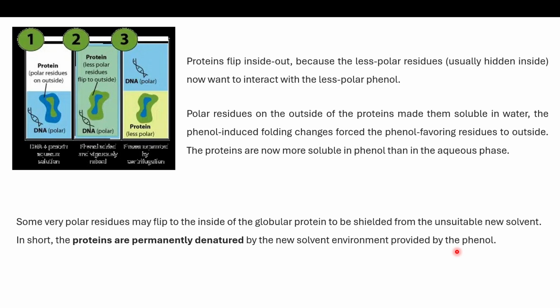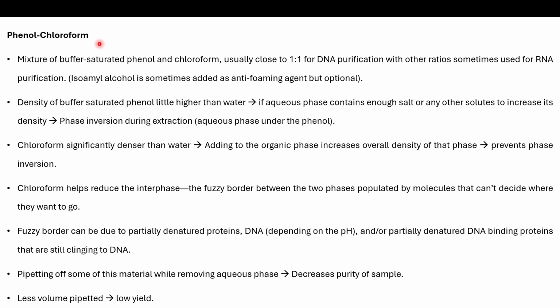Now, phenol-chloroform extraction uses buffer-saturated phenol-chloroform, usually in a 1:1 ratio. Buffer saturated means the pH is maintained at a particular range where nucleic acids or proteins are able to retain their functionality as well as structure.